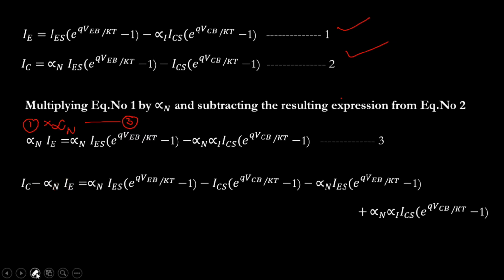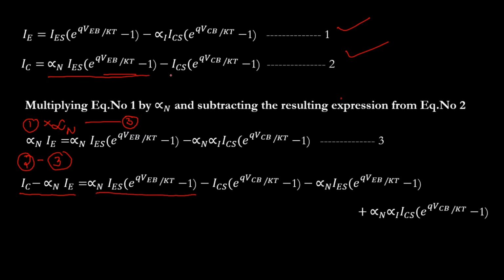This is nothing but 2 minus 3. So equation number 2, IC minus alpha n IE. This is the same expression with ICS, and I draw this complete expression in one color.